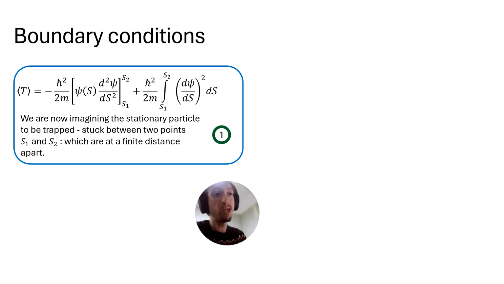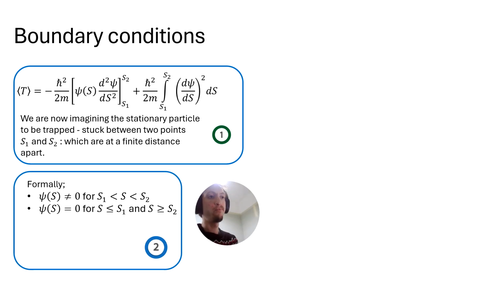But the logic being used can be extended to other stationary state particles. So as I say, if we are confining our particle entirely within the region between S1 and S2, then the probability density function outside of that region has to be zero.